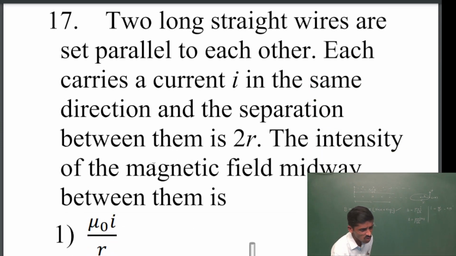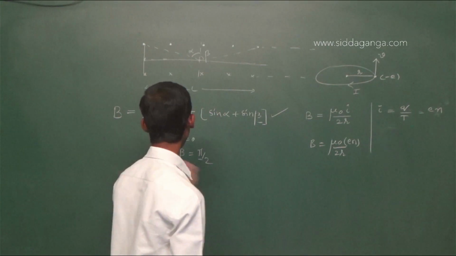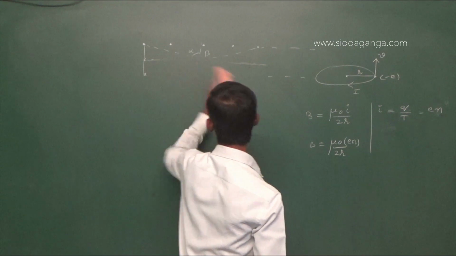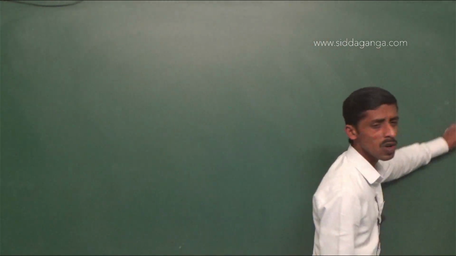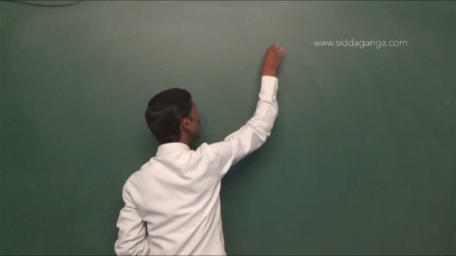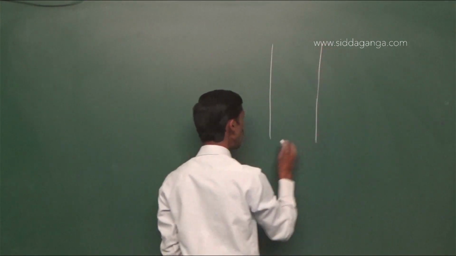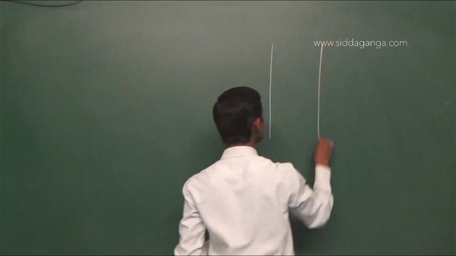Two long straight wires are set parallel to each other. Each carries a current I in the same direction, and the separation between them is 2R. The intensity of magnetic field midway between them is... So there are two parallel wires, two long wires, and the distance between them is 2R.